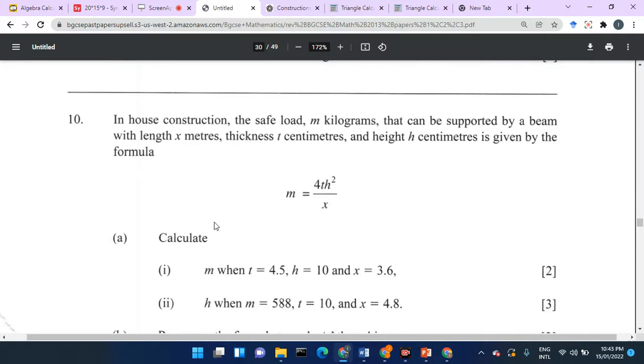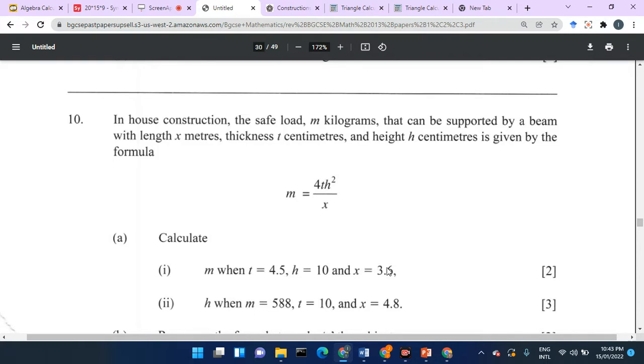So you are given this formula. If T equals 4.5, H equals 10, and X equals 3.6, tell me the value of M. What would be the safe load if we know that the thickness is 4.5, the height is 10, and the length is 3.6?